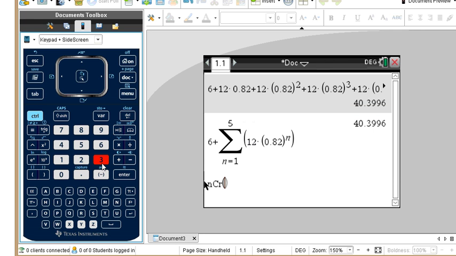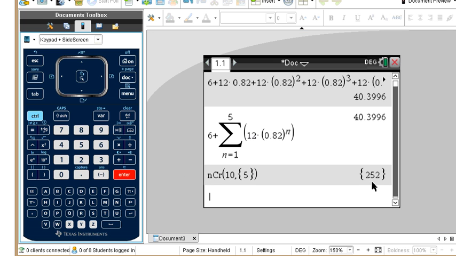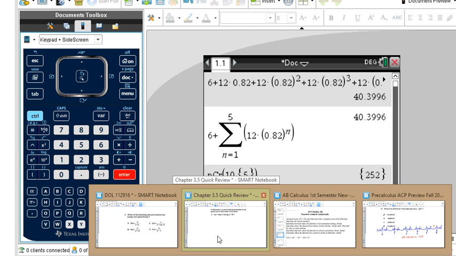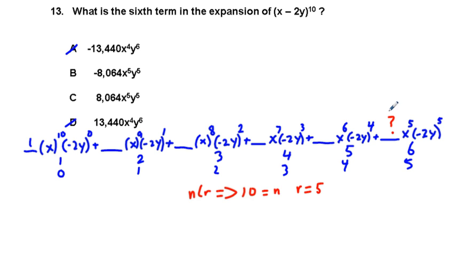Okay, nCr, well, our n is 10, so we put in 10, comma, and then we're going to put in the bracket 5, the r. To do that, we press Control and the close parentheses, and we get the bracket parentheses. Inside here, we place 5, and we get 252. So that's our coefficient that goes out front. We come back here and place the 252 where the question mark is.